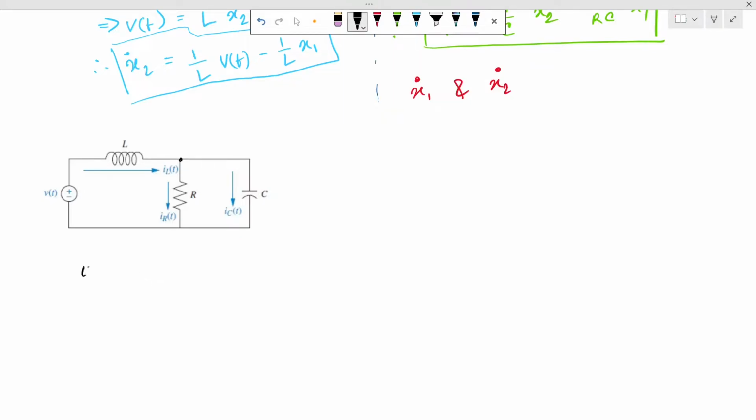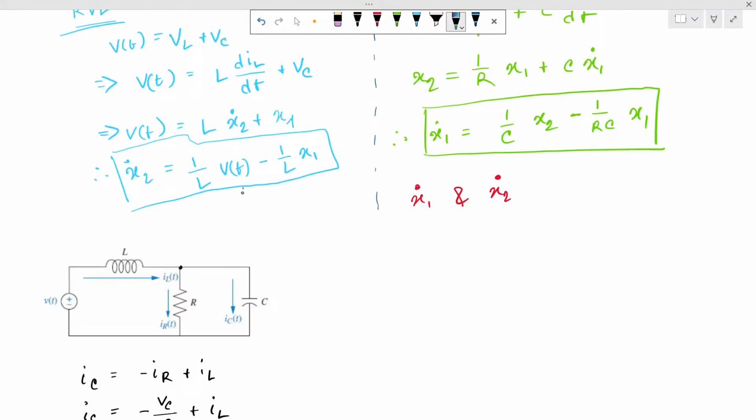So IC is equal to minus IR plus IL. IC is equal to minus VC by R plus IL. Here VR and VC are the same, so VR can be written as VC. So Y is equal to minus 1 by R x1 plus x2.